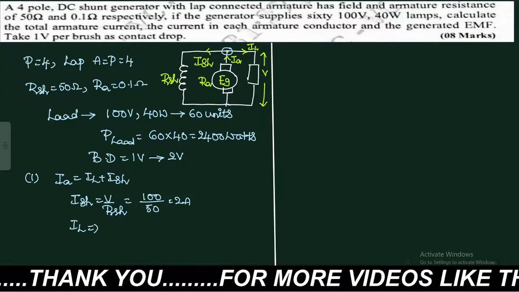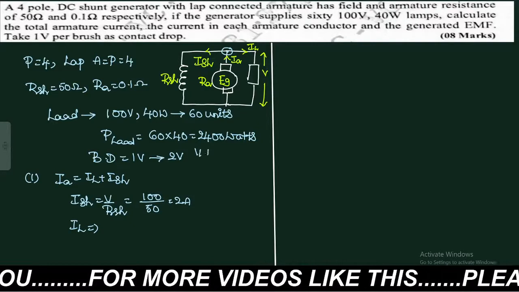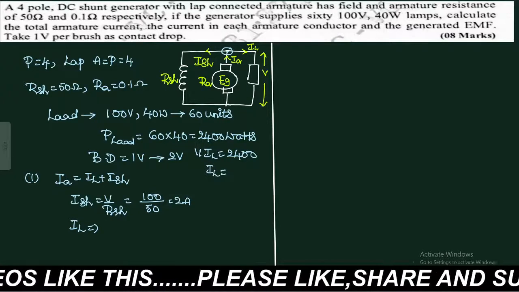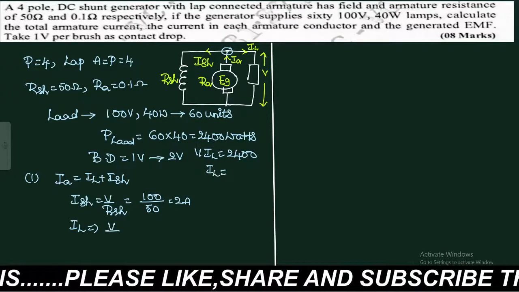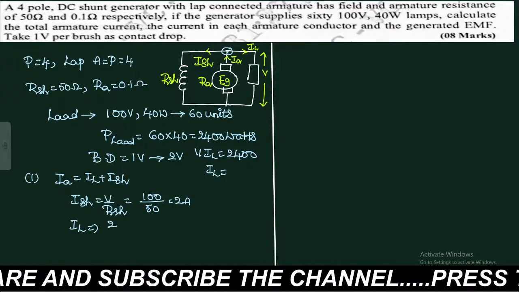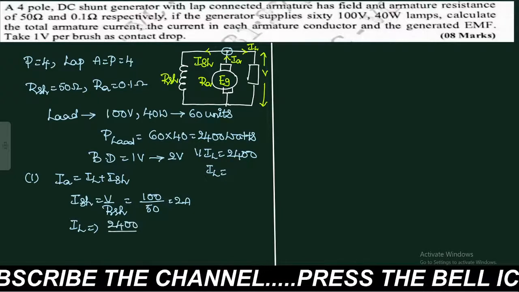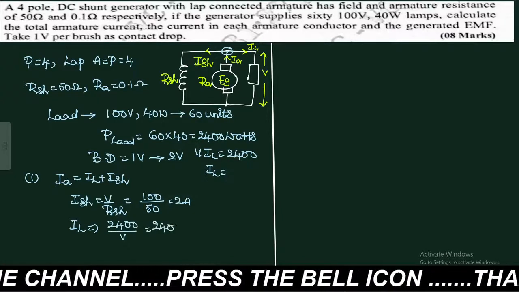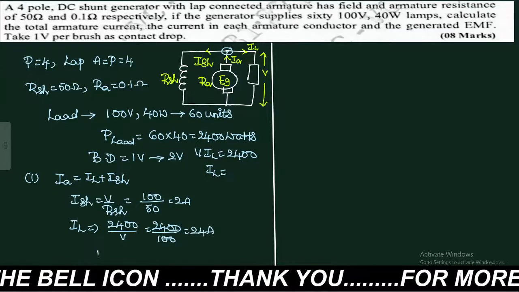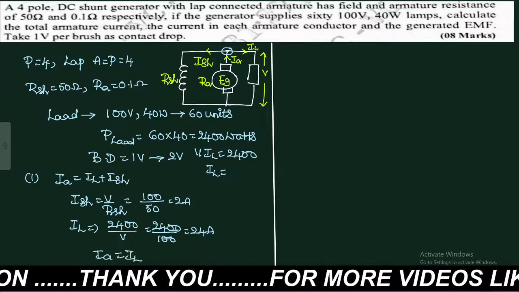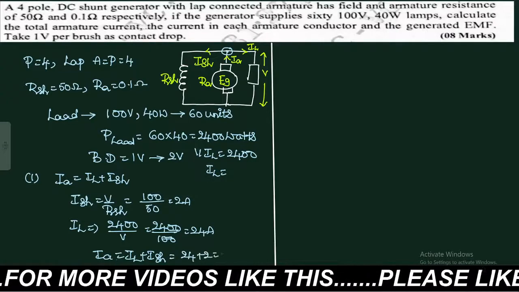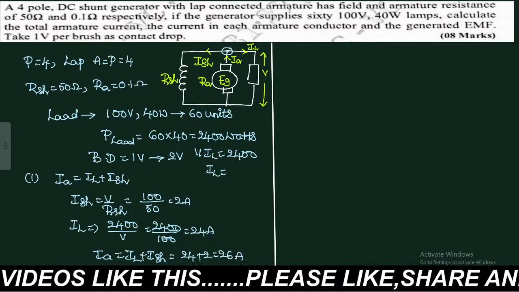V into IL is 2400, so IL becomes 2400 divided by V, that is 2400 divided by 100, which is 24 amperes. So the total armature current is IL plus ISH, that is 24 plus 2, which is 26 amperes, the final answer.